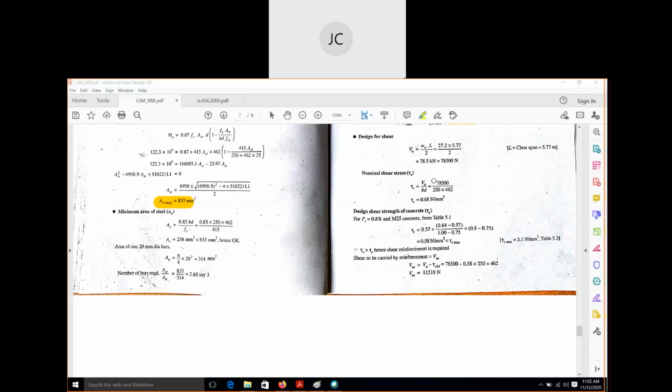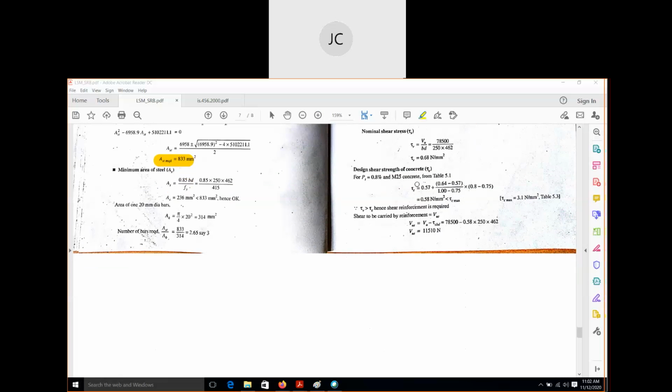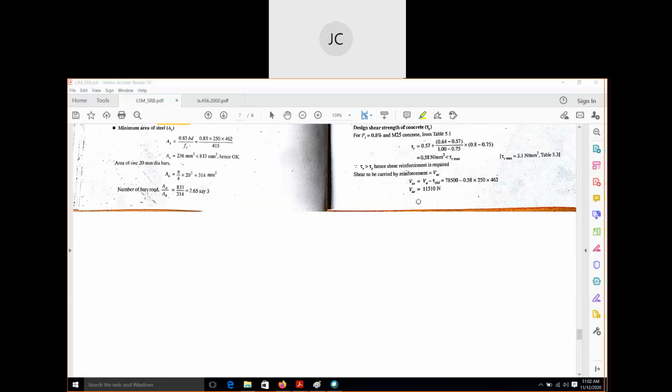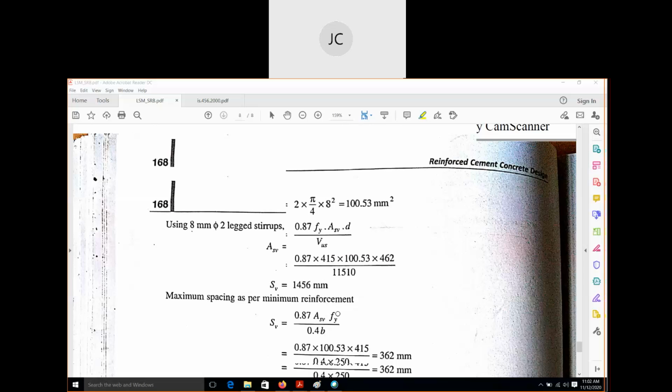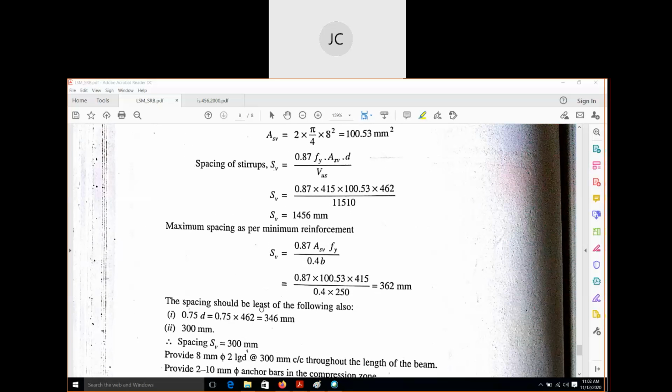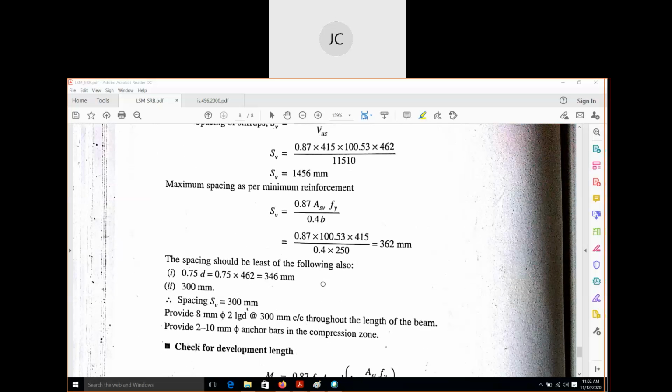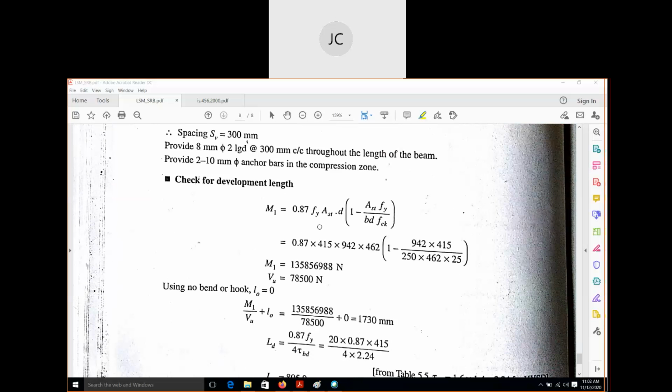So this is the procedure. First we have to find out nominal shear stress, then the shear strength, then we have to compare the values. Then we have to find out Vus, the shear to be carried, then the spacing of the stirrups. This part I have skipped because it has been solved so many times in the previous chapter.